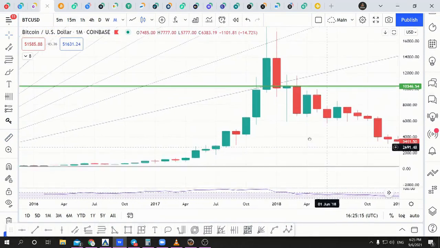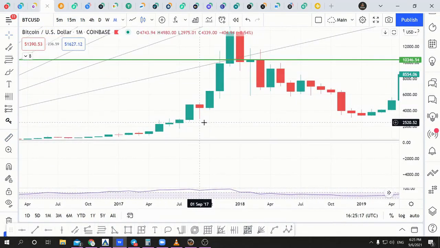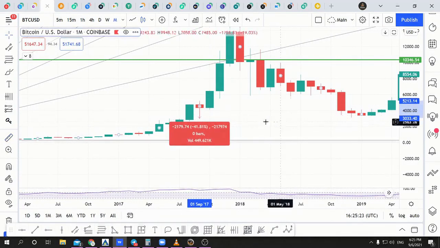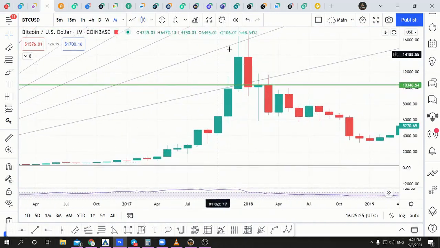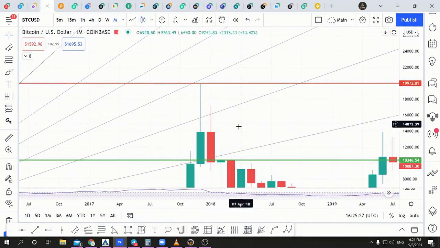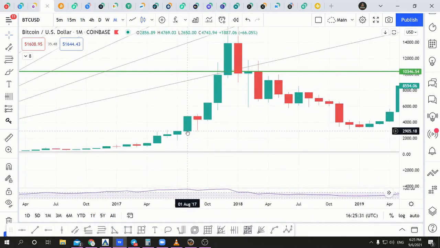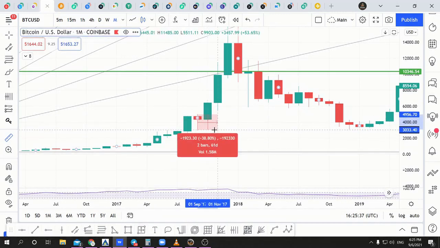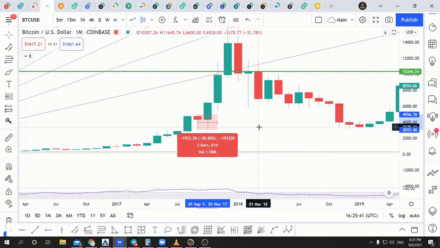And the last September, this one was the only red candle in this green marathon to the 17 or to the 20. This red candle was about 40%, and it was in September.